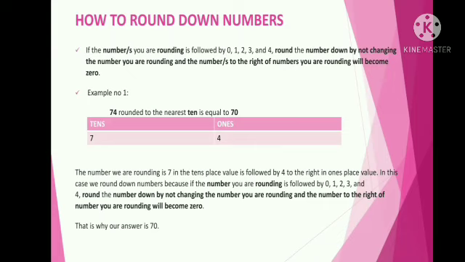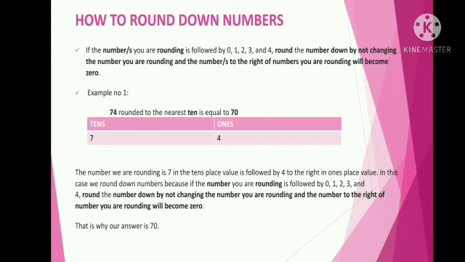Referring to our place value chart, the number we are rounding is 7 in the tens place value, as you can see in our image. It is followed by 4 to the right in the ones place value.